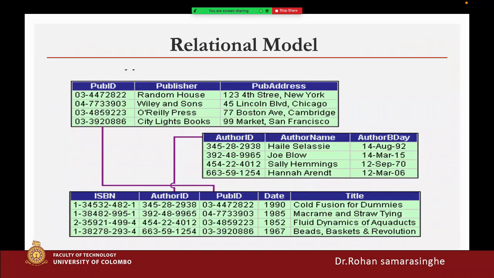Then we gradually introduce the relational model, one of the most important models we have to study in depth. There may be tables, each of which may have a relationship. The relationship can be 1 to 1, 1 to many, and many to many.